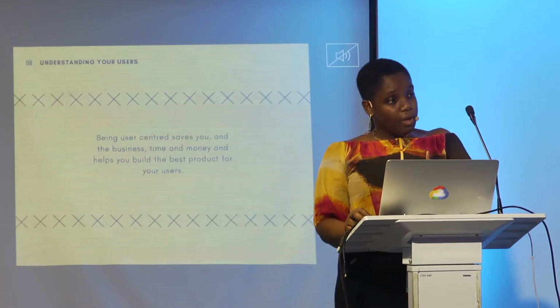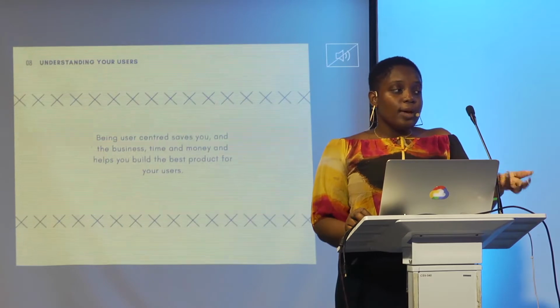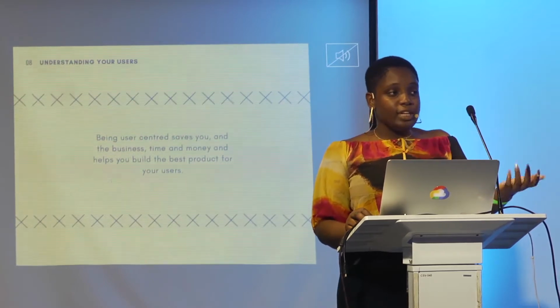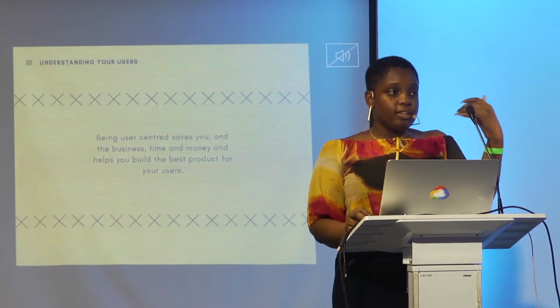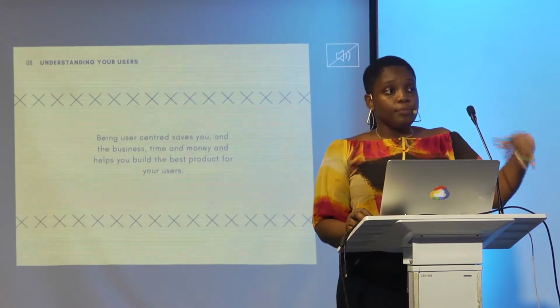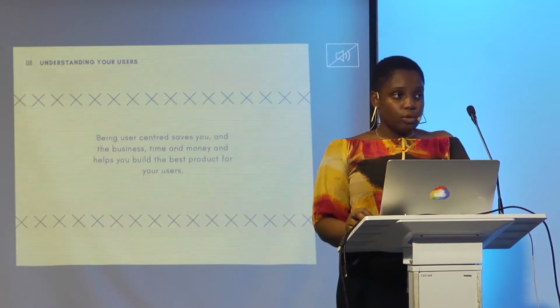If I say I want to pay people, but I want it to be really easy, I know what I want. It's up to the designer, the developer, the researcher, the product manager, the business owner, everybody, to decide how to give me the thing that I say I want.